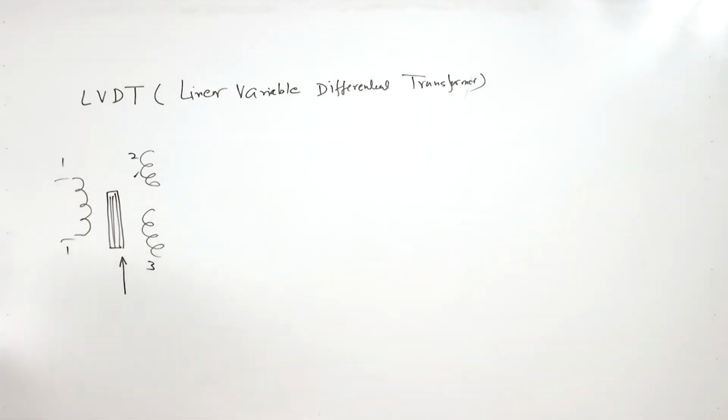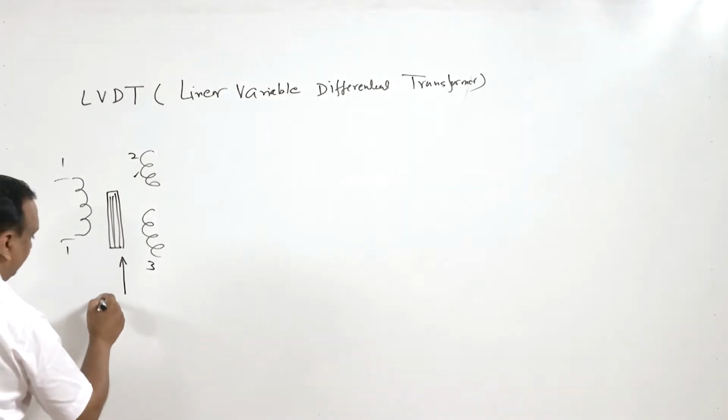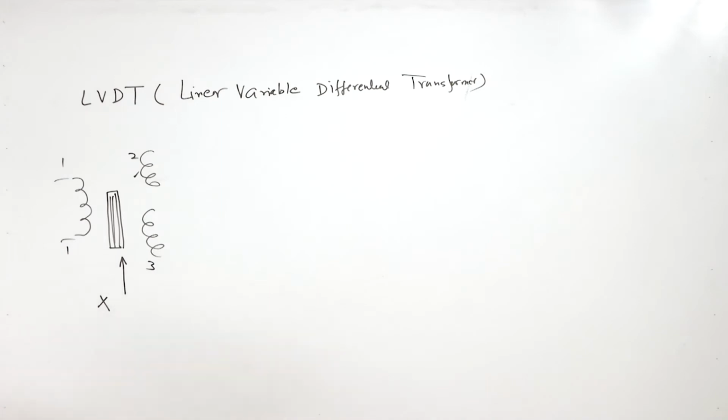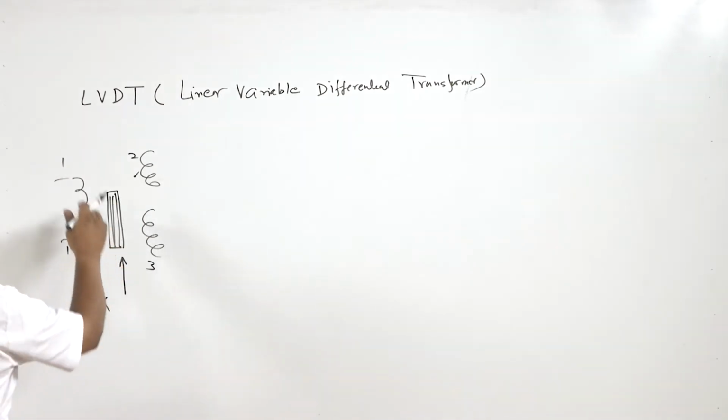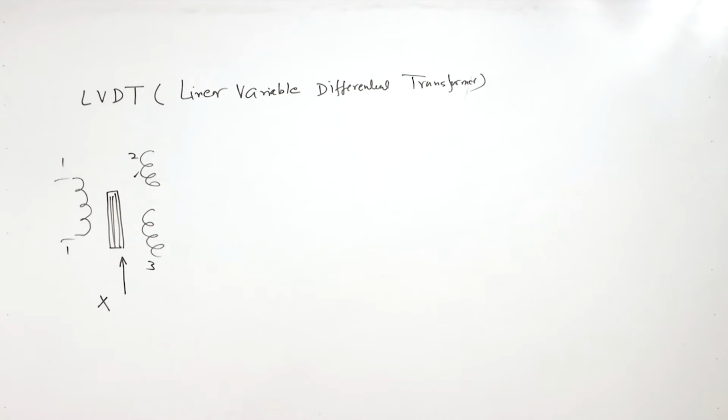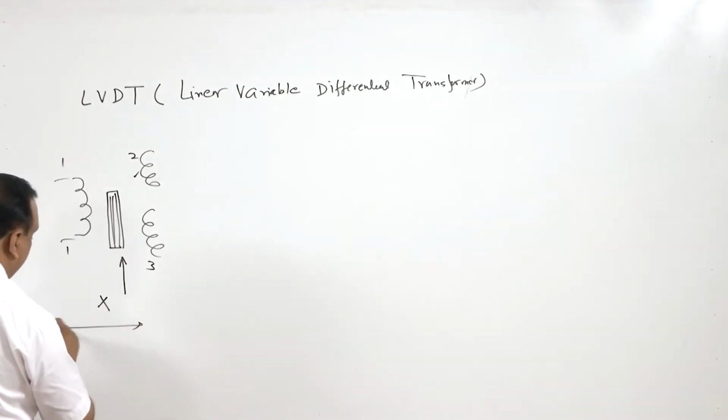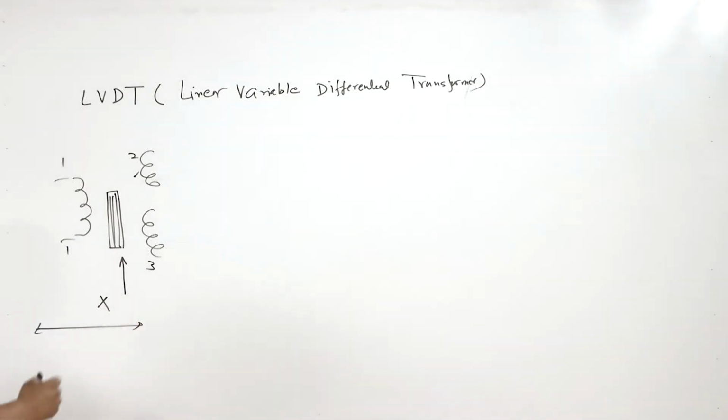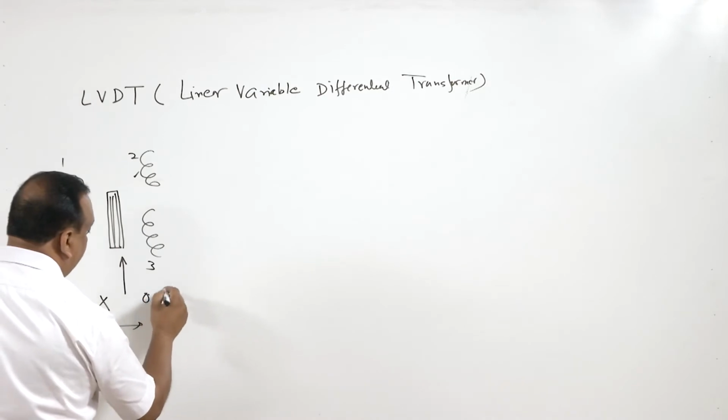If we are able to measure this induced EMF and relate it with the displacement of the core, then this transformer can work as a displacement measuring device. The property of LVDT is that it can measure wide displacement with 0.5% linearity. That is why it is very popular.